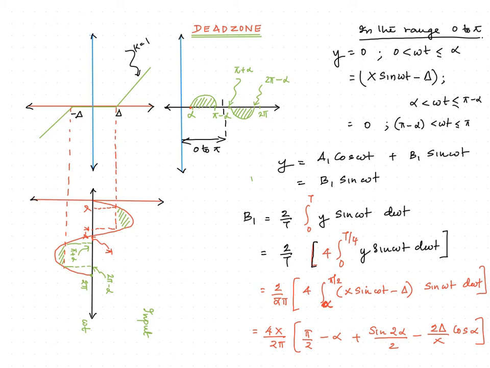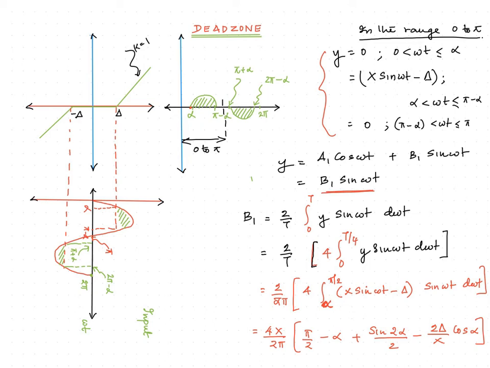With this idea, we can write y using these equations. Applying Fourier series representation, y is equal to a1 cos omega t plus b1 sin omega t. The odd symmetry of the wave gives 0 values for the cosine components. Thus, y is equal to b1 sin omega t.